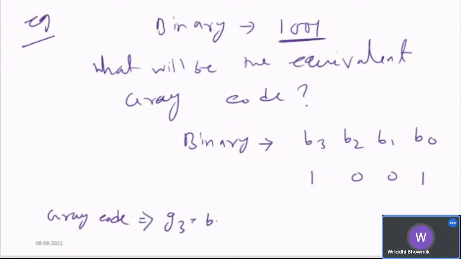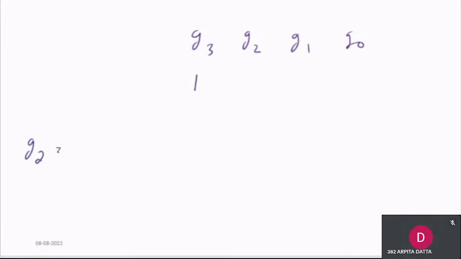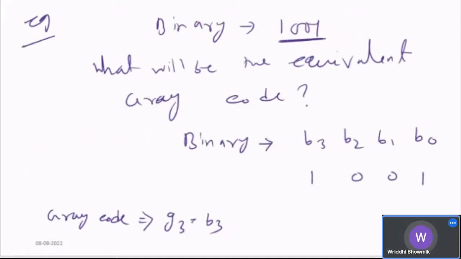Here I will write G3, G2, G1 and G0. G3 is equal to B3, so you will put 1. Now G2 is what? G2 is B3 exclusive or B2. What is B3? 1. And what is B2? 0.